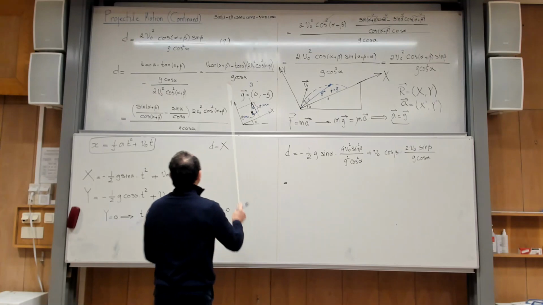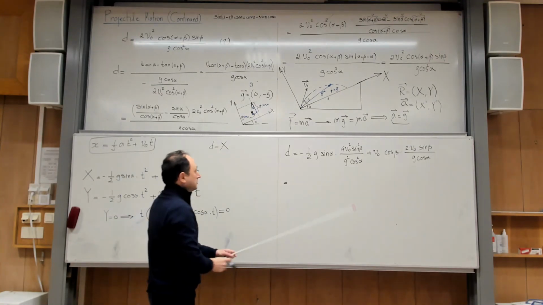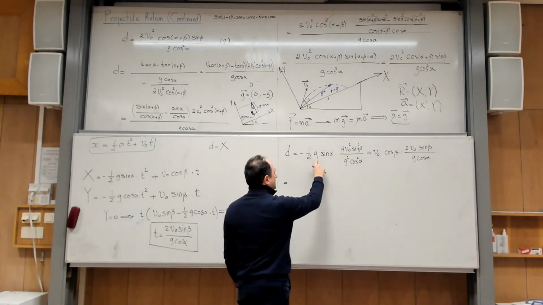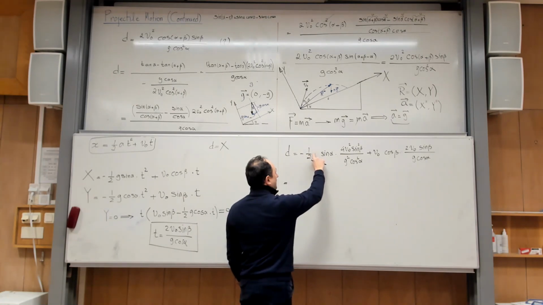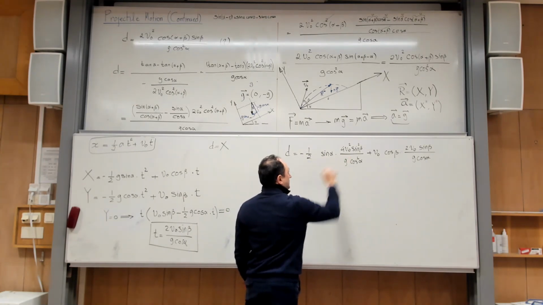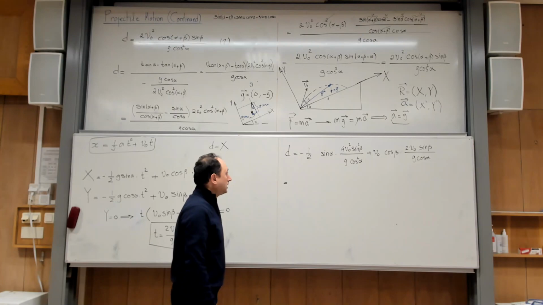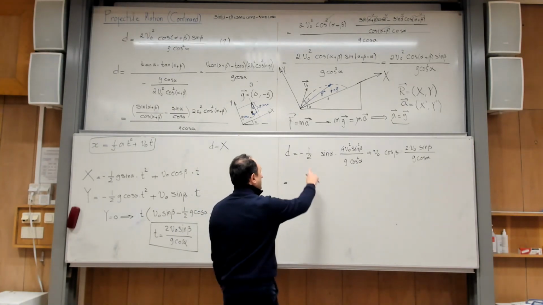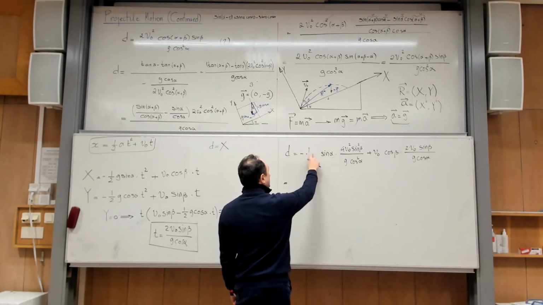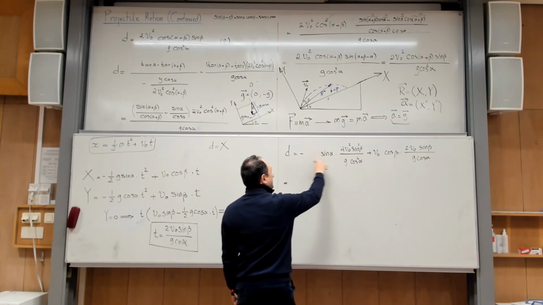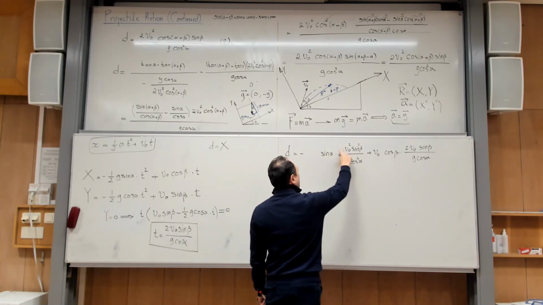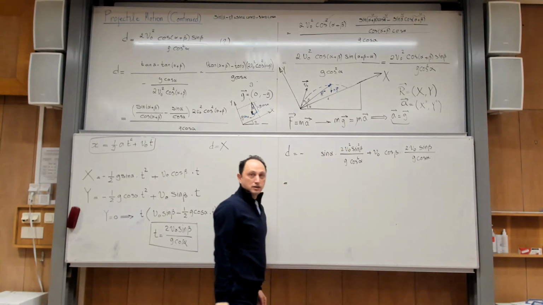Look here, what I need is g cosine squared alpha. First of all, let me just do it here. This g, I clean it with one of these g's. And then I clean this 2, and I write this 2. Understandable?